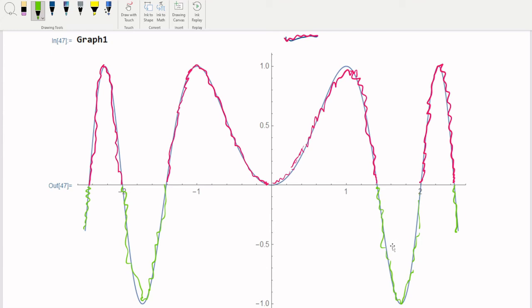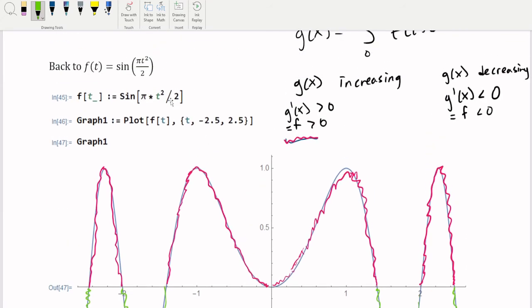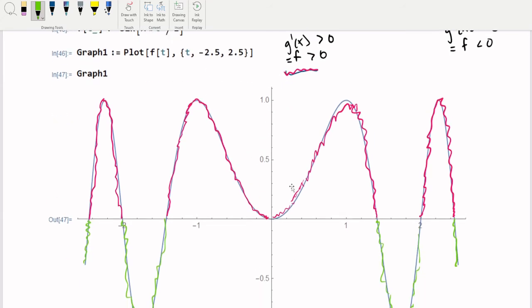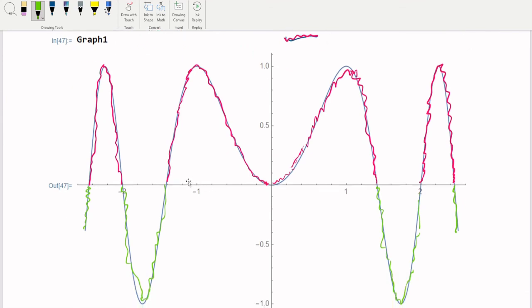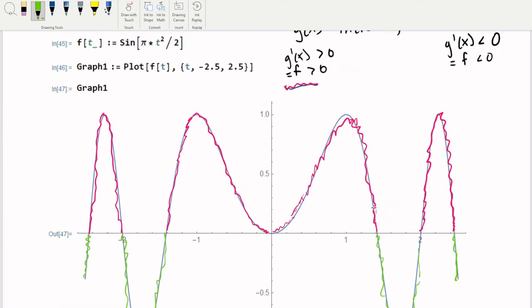Now, how would we actually figure this out to be more specific? Because I just drew on this picture. I didn't actually tell you values. This is saying g is increasing from whatever that point is up to 0, and then also from 0, not including 0, to whatever this point is. What is that point?